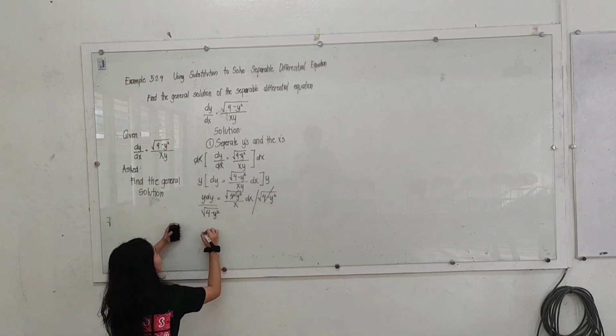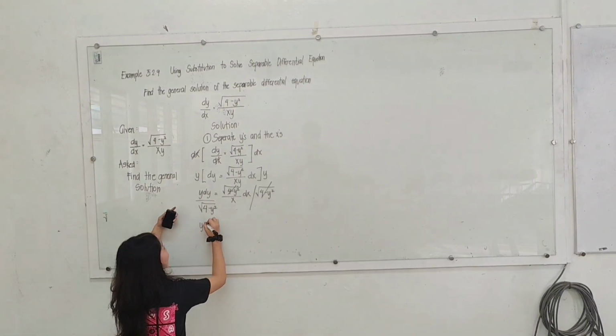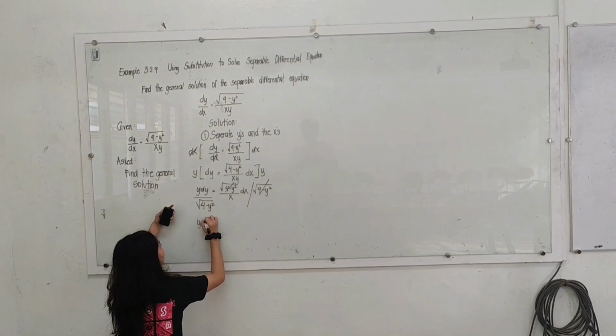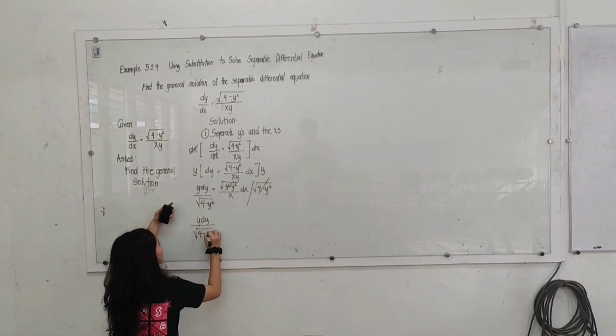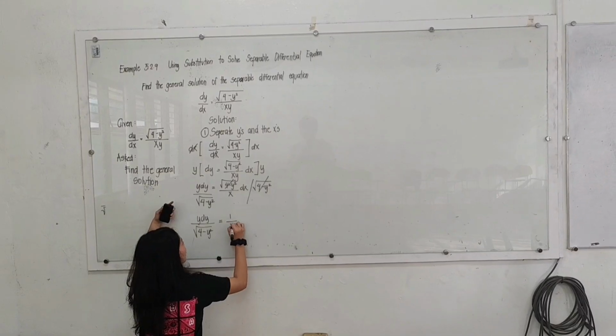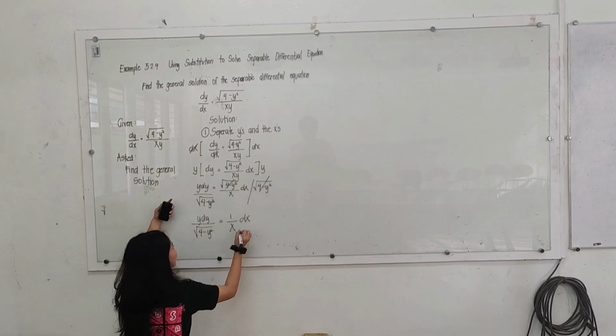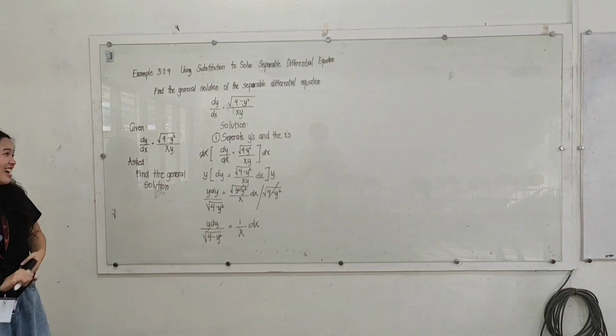We now separate the y's and the x's. So y dy over the square root of 4 minus y squared, and 1 over x dx. Yay! So now we have separated the x's and the y's.